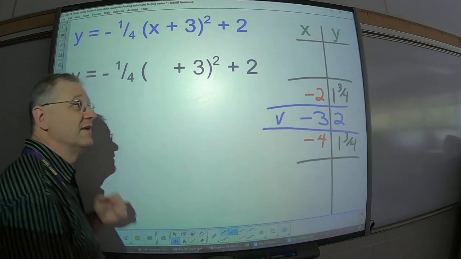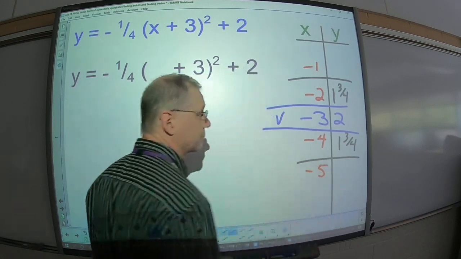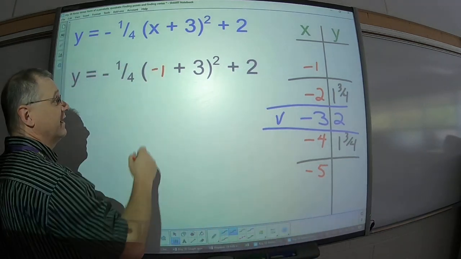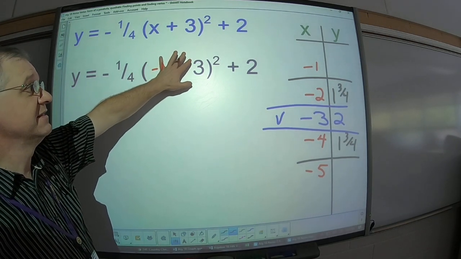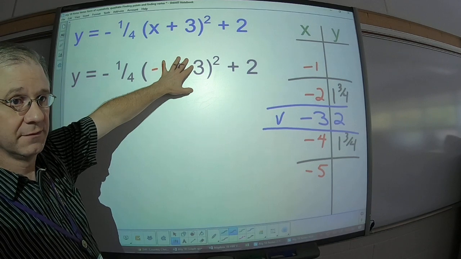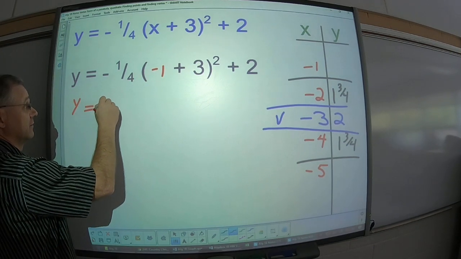What if we did -1 and -5? Well, -1 plus 3 makes the inside of this even, which we know is going to work somewhat better.